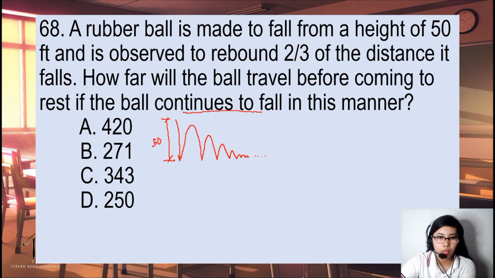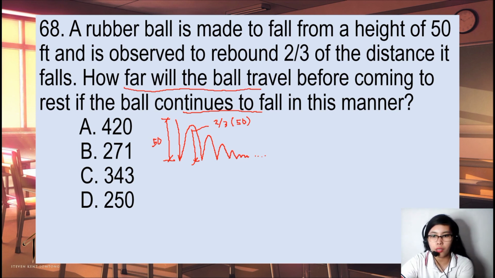So this distance is 2/3 times 50. Okay? And we're going to look for the distance it traveled, the total distance.